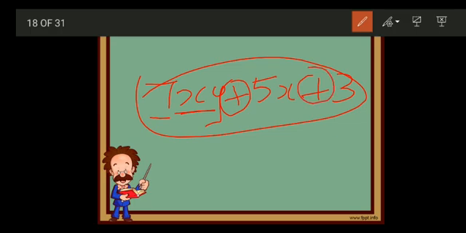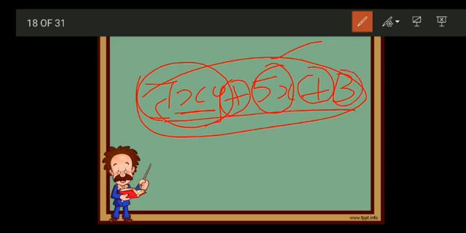So this is an example of an algebraic expression. So here how many terms are there? Here we have three parts. This is one part, second part and this is third part. These three parts are added to each other. So here there are three terms.